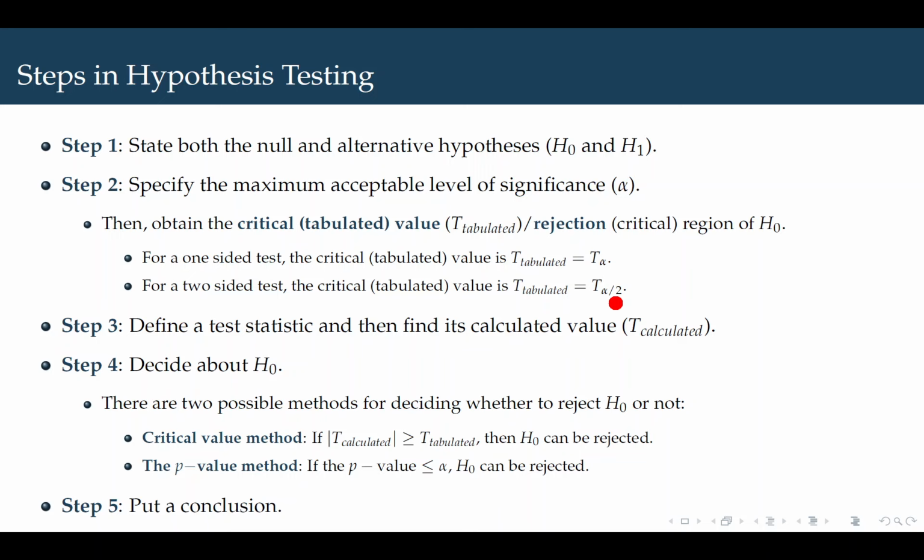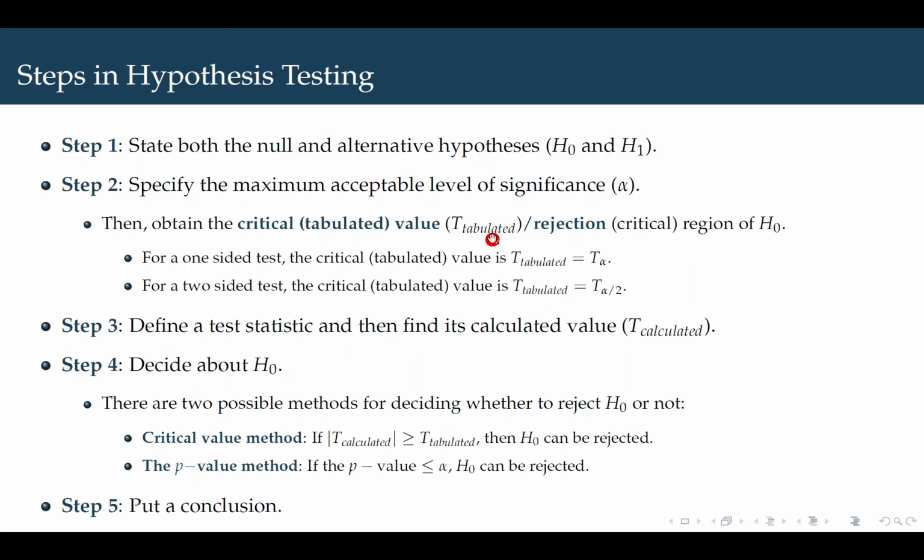Then once we obtain these values based on the specified level of significance, next we need to define a test statistic that is going to be calculated based on sample data. And using that sample data, we need to determine its calculated value, which is called, let's say, T calculated.